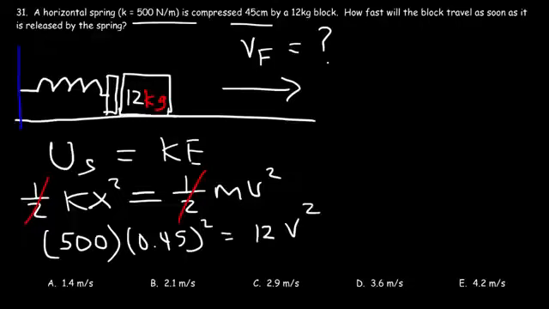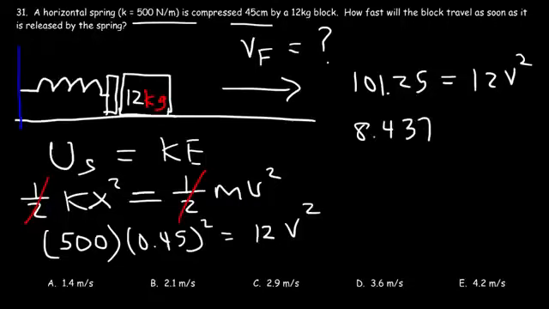So now we could calculate v. So first, let's multiply 500 by 0.45 squared. So that's going to be 101.25. And that's equal to 12 times v squared. So we need to divide both sides by 12. 101.25 divided by 12 is 8.4375. So now we need to take the square root of both sides.